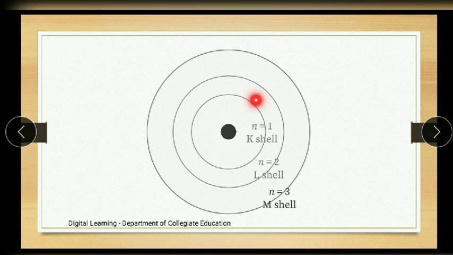See here, the first energy level is designated as the K shell, the second one as the L shell, the third one as the M shell, and so on. The energy associated with the energy level increases with the increase of the distance from the nucleus.